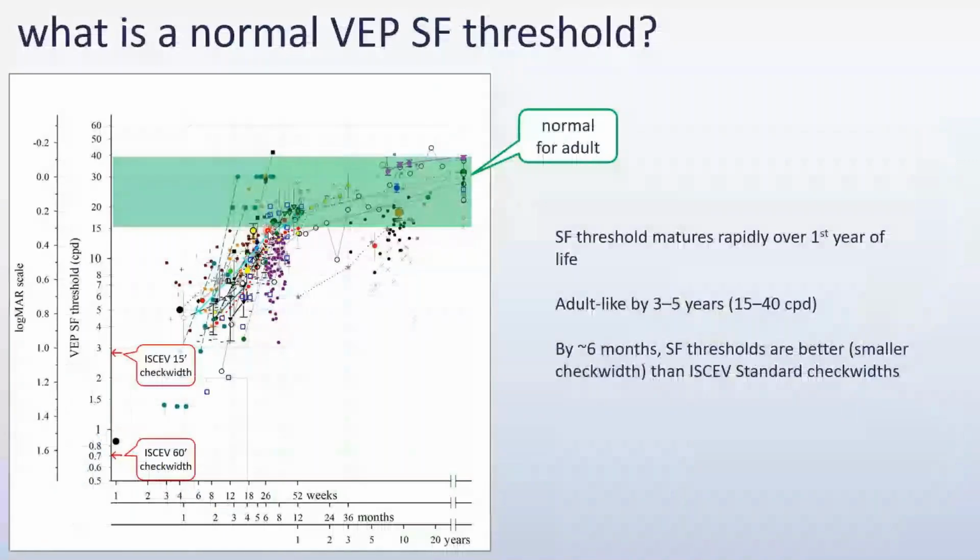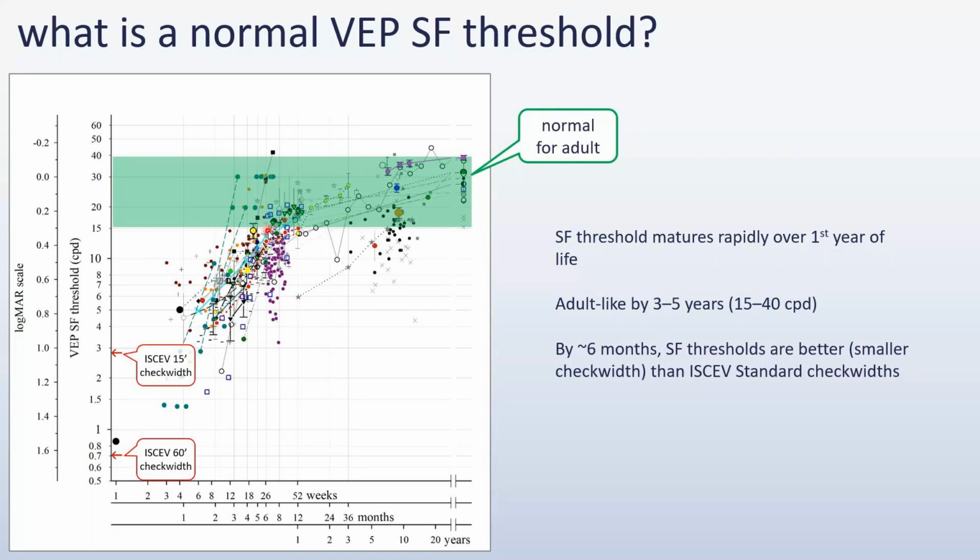Now, as with all tests, of course, a key part of understanding the clinical significance of the result is knowing what is normal. And this is explored in a lot of detail in the review paper, which we mentioned earlier, which is available to you. In this graph here, which is taken from the review paper, we've collated the findings of thresholds in typically developing infants, children, and adults across all ages.